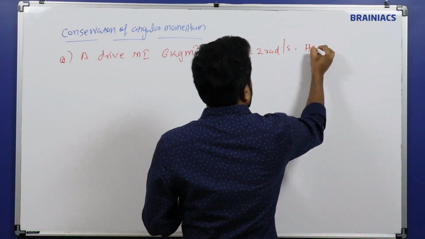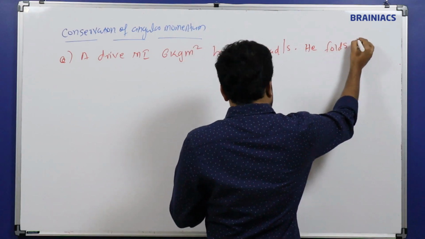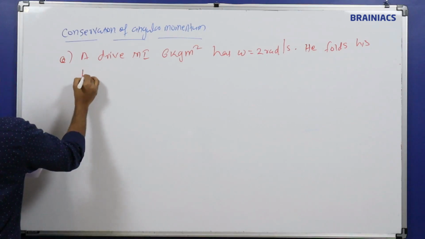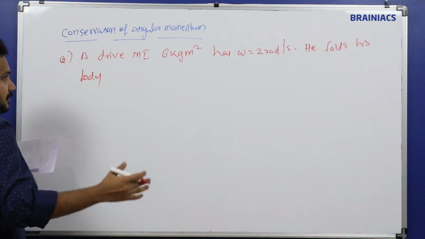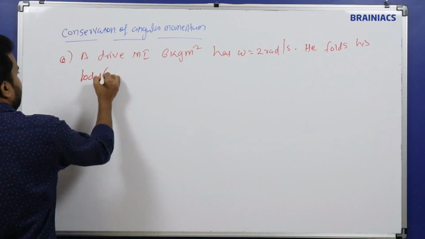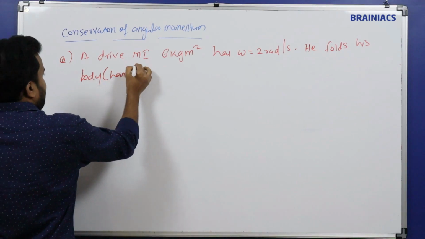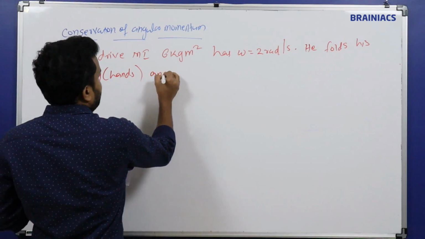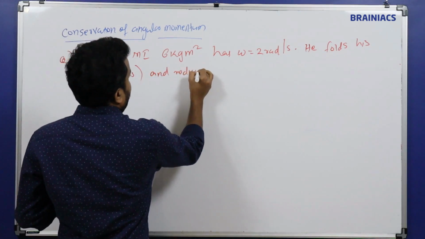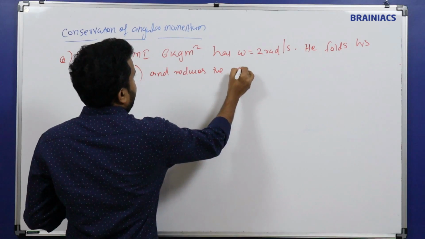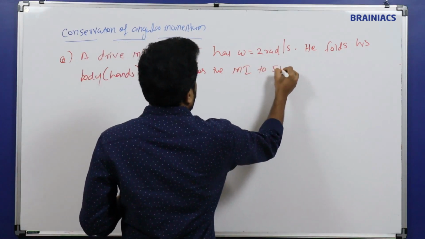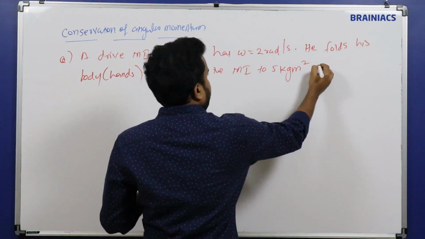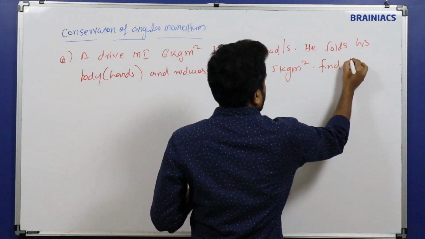He folds his body, meaning he folds his hands in, and reduces the moment of inertia to 5 kilogram meter square. Find the new angular speed.